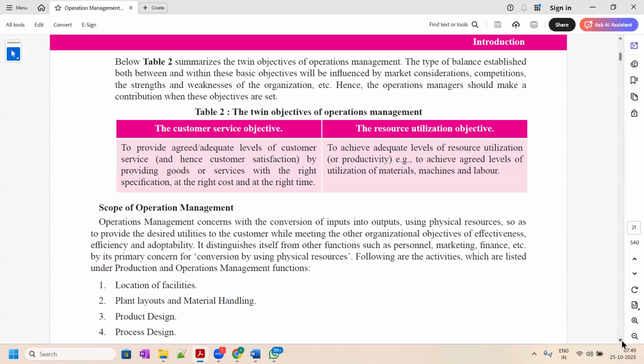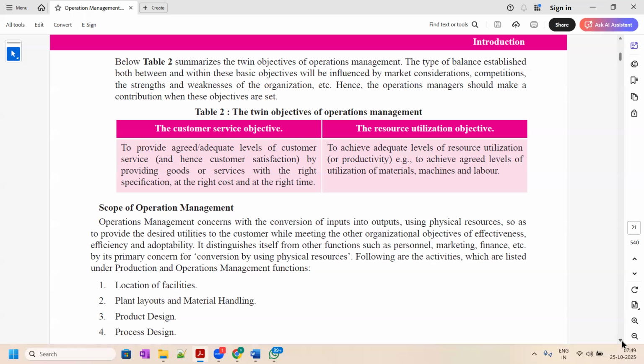So the objective of operation management is to make sure that the customer service objective is fulfilled and, at the same time, the resource utilization objective is also fulfilled. Making a balance between the two is very important. That means achieving high productivity by avoiding losses and making the best use of the available resources. Clear, everyone?